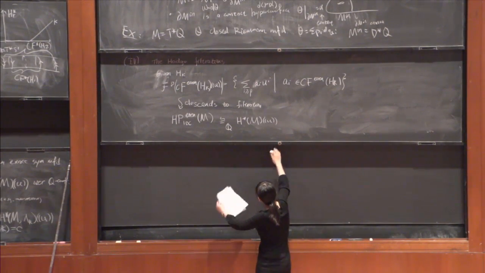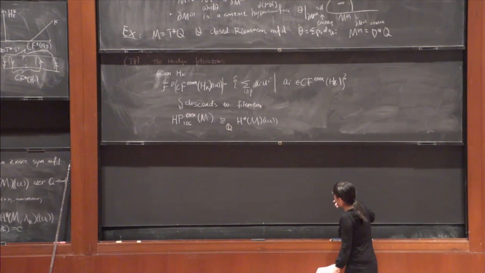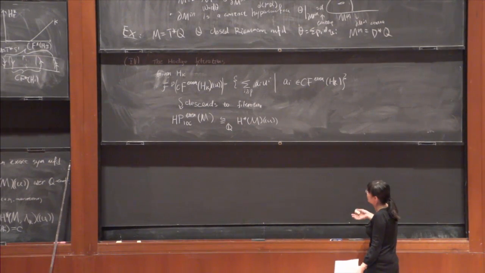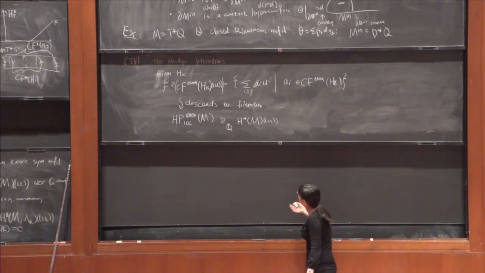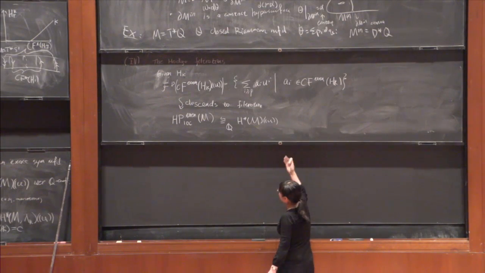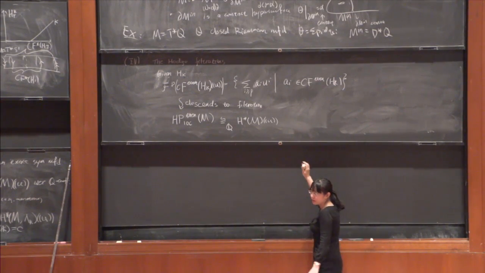So this filtration is like asking, if you have a homology class, when can it be presented on the chain level as some classes coming from the filter piece, right?